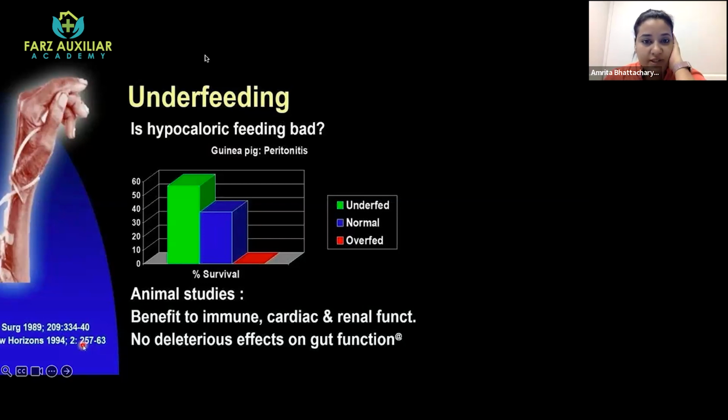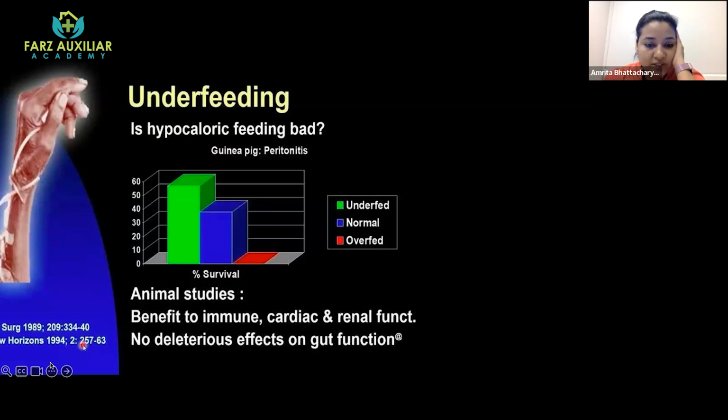So what about underfeeding? The question was put forward: is hypocaloric feeding actually bad? What they did is that they studied animal models. They simulated peritonitis in guinea pigs, and they found that if you look at the survival, underfed rats actually had more survival than your normal or definitely your overfed, right?